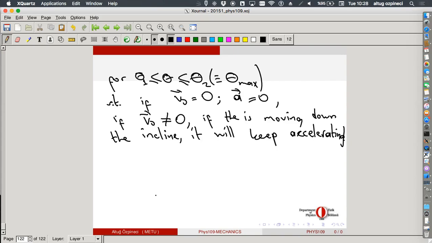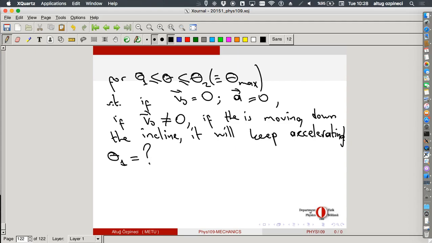So what is this theta 1? We had already determined theta 2. Well, let's see.